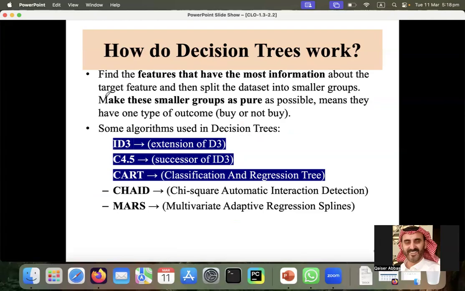Now, previously we were seeing how the neural network will learn, and here we have a question: how do decision trees work?